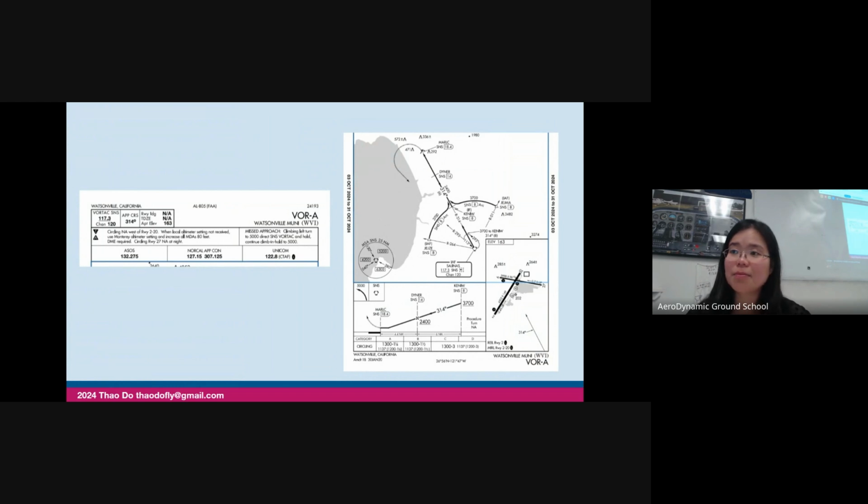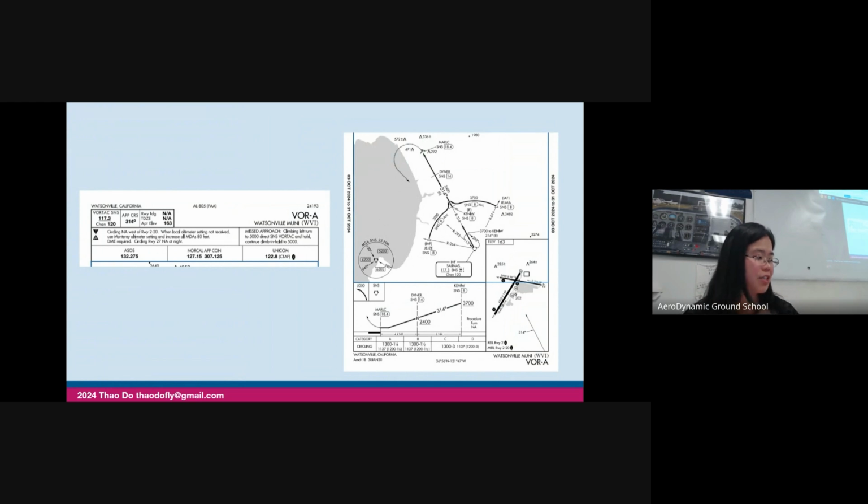So this next approach is the VOR Alpha into Watsonville. And we're coming into Jechma. We're going to do a circling into runway 20. So take a moment to look at this approach. It's a very familiar approach to most of us here at Reid-Hillview.